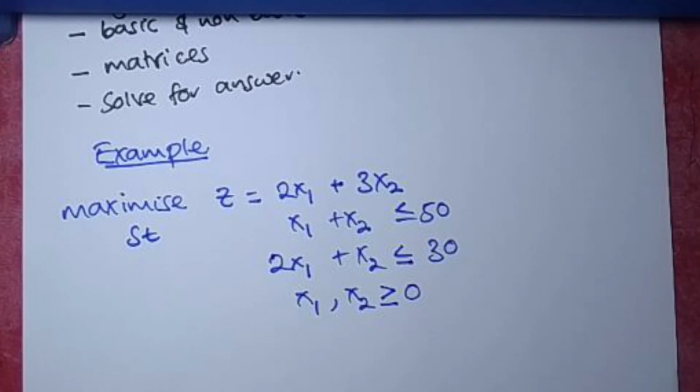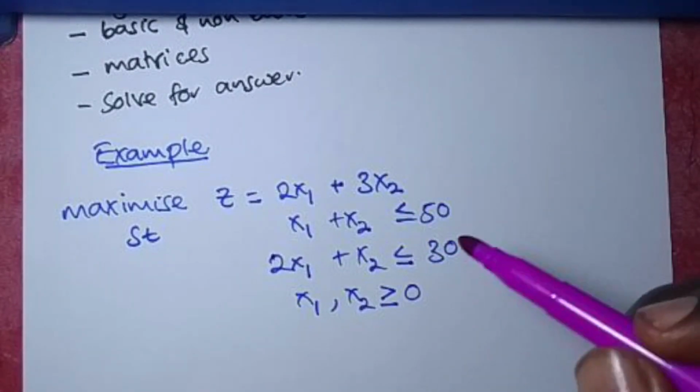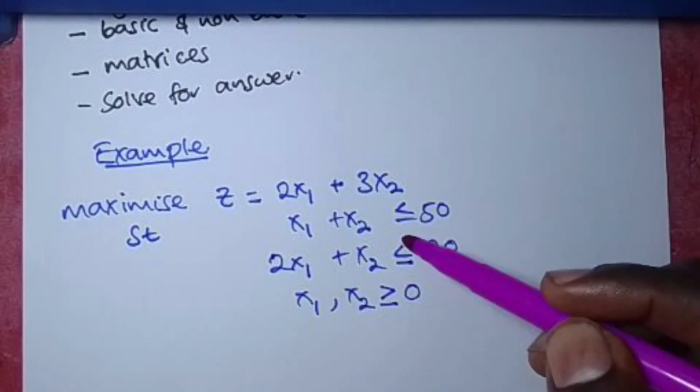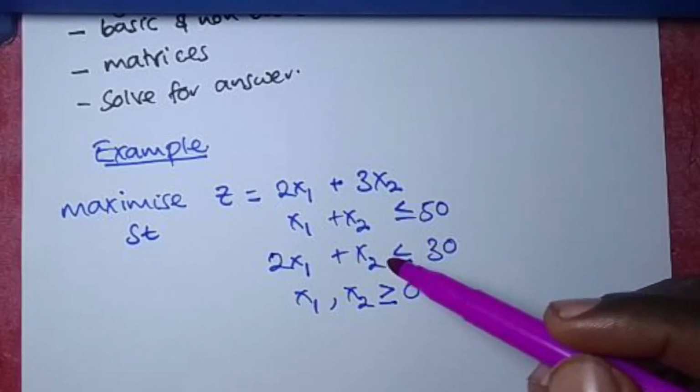Now, the revised simplex method is so simple in that you write these expressions in the form of matrices. For example, you will have a matrix for the main function, which is the objective function. Then you'll have a matrix to represent these constraints. I hope we are together there.